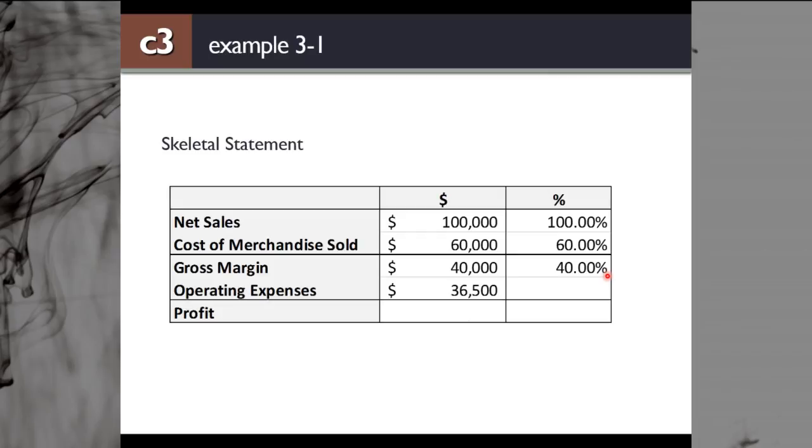So once again, your numerator is going to be the dollar amount of what you want the percentage of. So the dollar amount of the operating expenses, which is 36,500, divided by the hint. Think about the hint, net sales, right? 36,500 divided by 100,000, then you will get 36.5%.